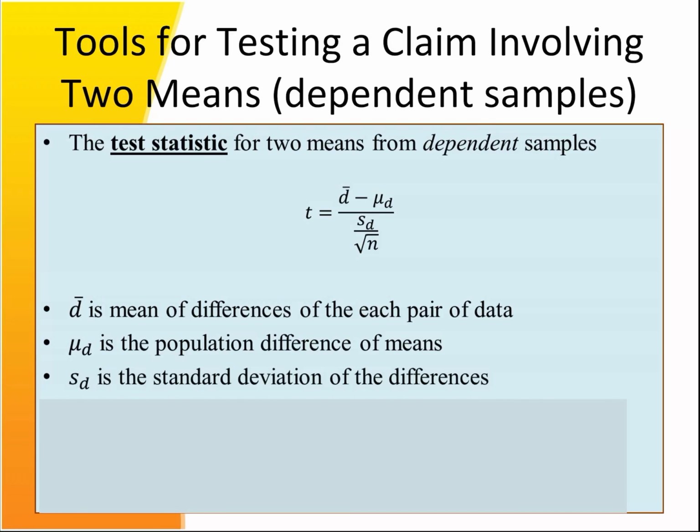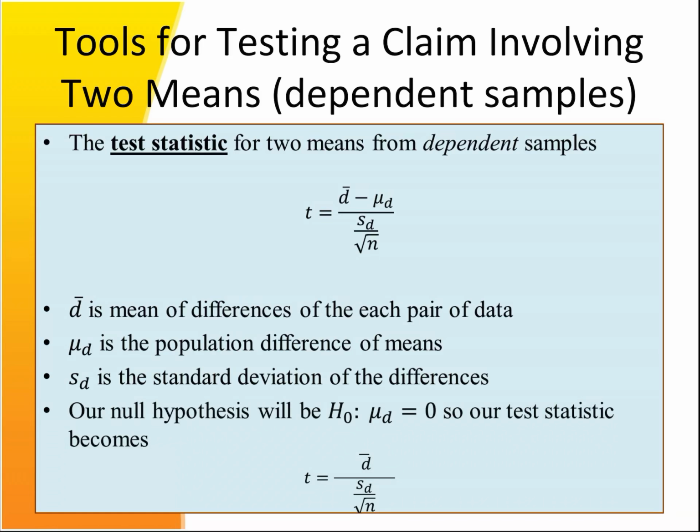Mu sub D is the population differences of the means. SD is the standard deviation of the differences. And each one of these, the D for difference, we are going to be subtracting one paired value from the other in the same pair. So these D's stand for differences.